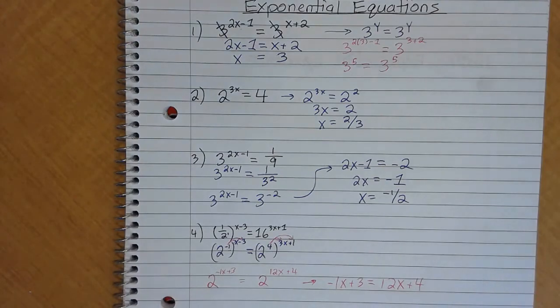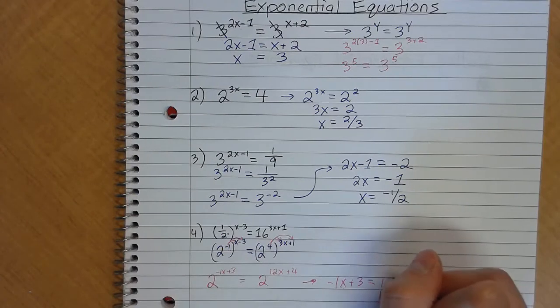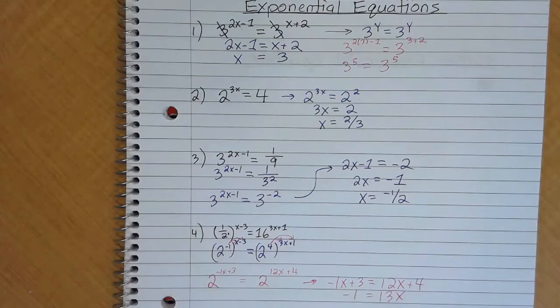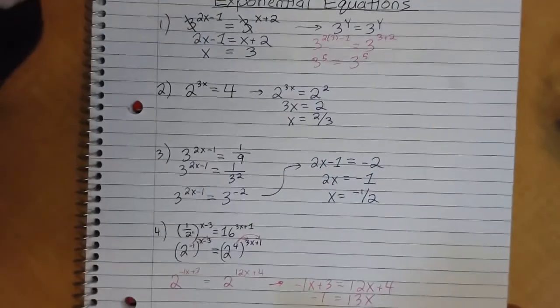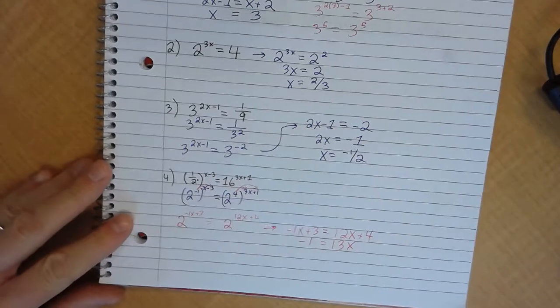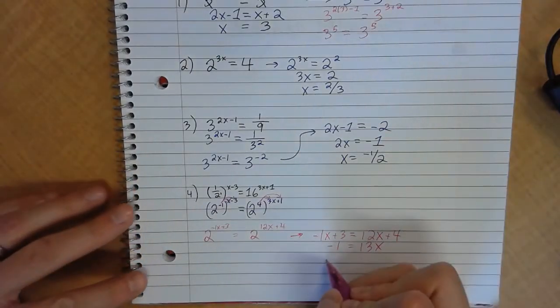From there, like we've seen before, we just got to do some quick solving. So I could add x to both sides and subtract 4 from both sides. Give me negative 1 equals 13x. And from there, I can just finish it out by dividing by 13.